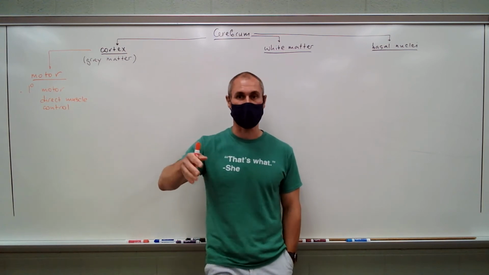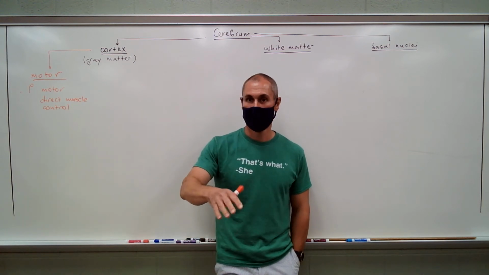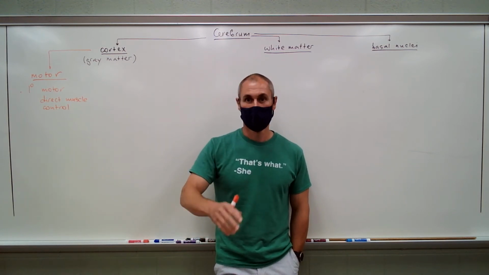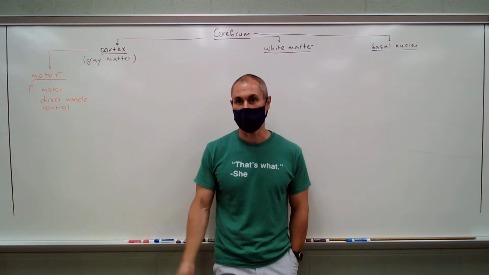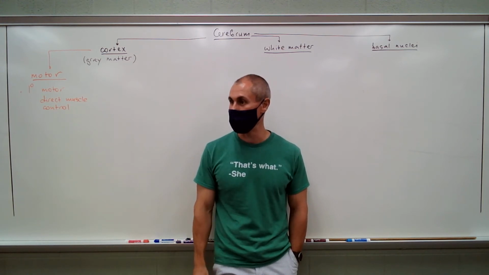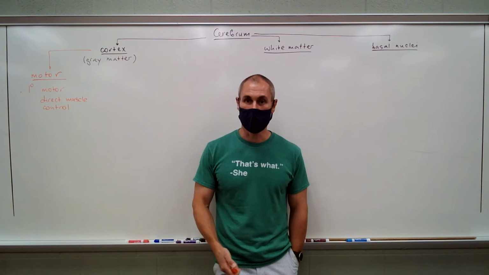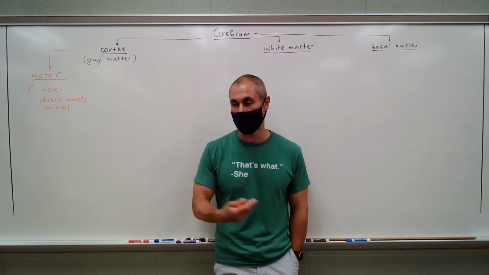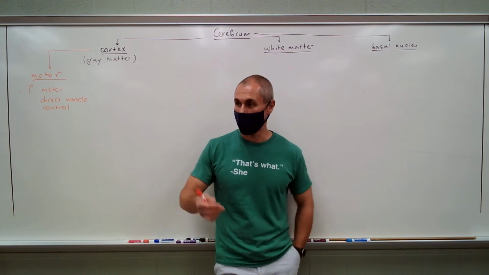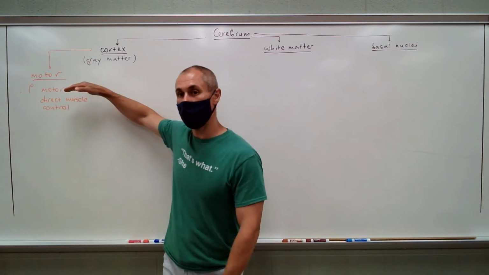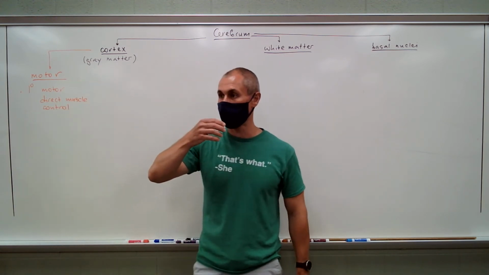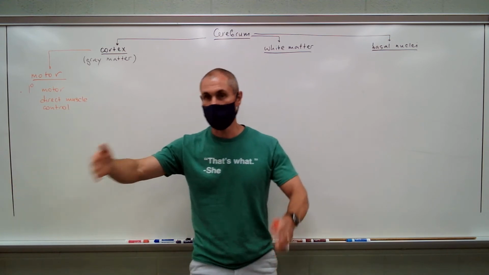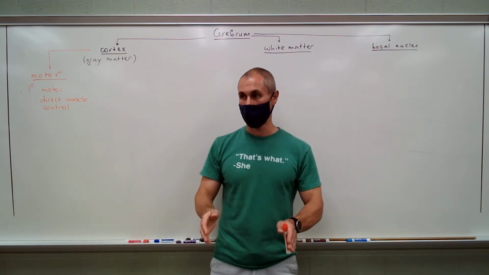This is the team captain that tells everybody else, we're going to do some stuff. I don't know how to explain it better. I'm not allowed to use military terms because I never served. Okay, so that's directly. These neurons of primary motor cortex, through some relay mechanisms, they control muscles.